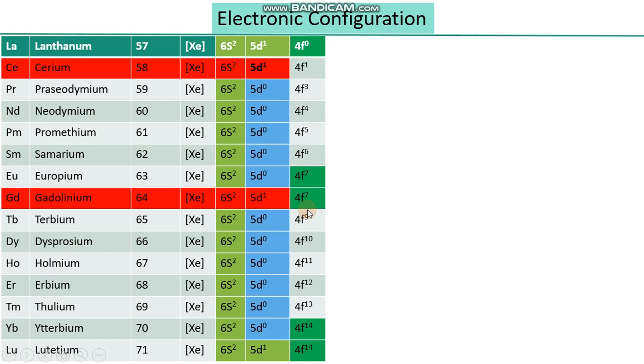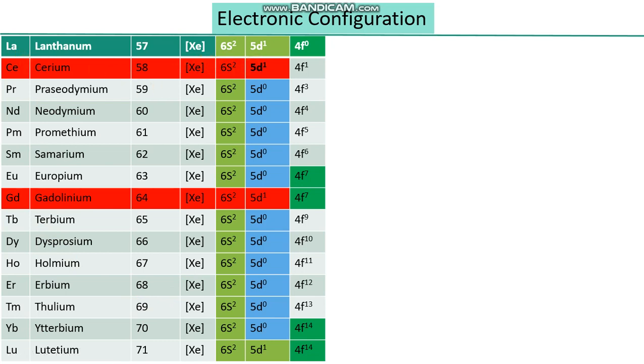Then 8 is missing, so 9, 10, 11, 12, 13, and 14 is the logical completion of the series in terms of electrons in the f subshell, and the next electron will enter into 5d, which follows the normal electronic configuration. There is no confusion. So in the series throughout, if we analyze it, there are two violations, for gadolinium and cerium.